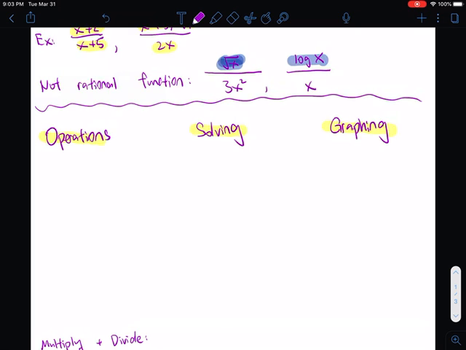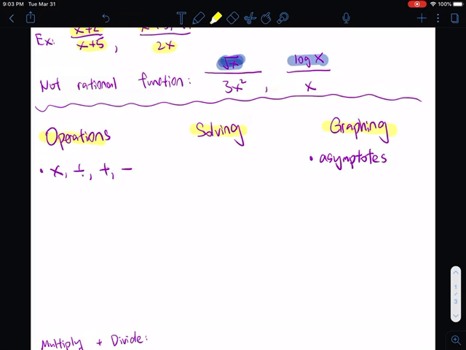And by operations, I mean things like multiplying, dividing, adding, and subtracting. Solving, we've done plenty of times before. We're going to solve for x or solve for any variable. And then, of course, graphing. And as we saw in the last couple of units, we're going to have more asymptotes when graphing rational functions. But here's what we're going to start with.